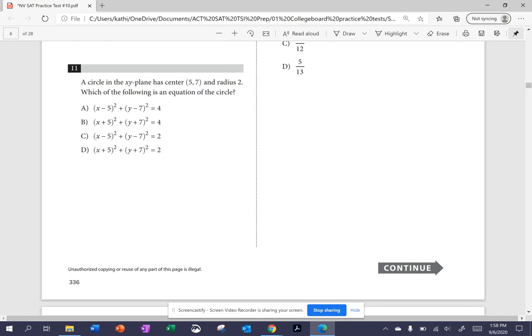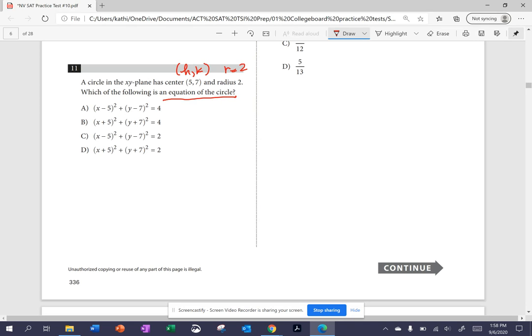There we go. It has a center at (5, 7), which is h and k, and a radius equals 2. Which of the following is the equation of the circle?